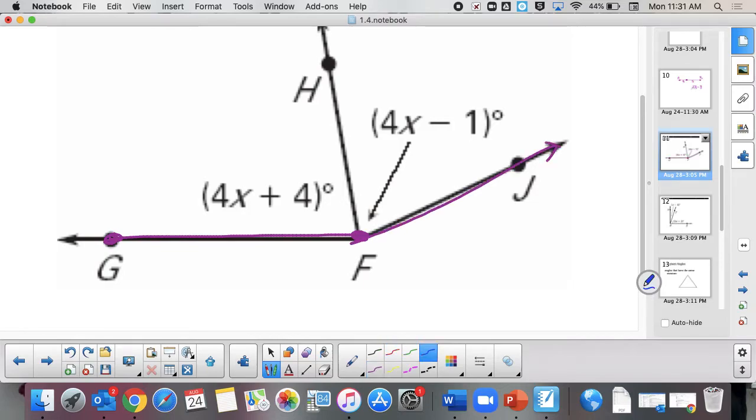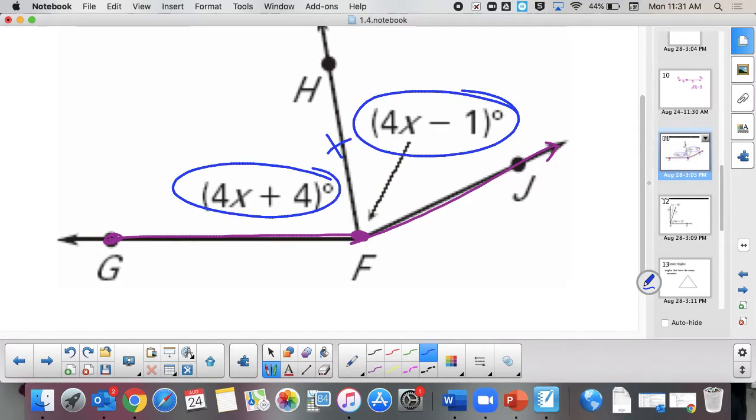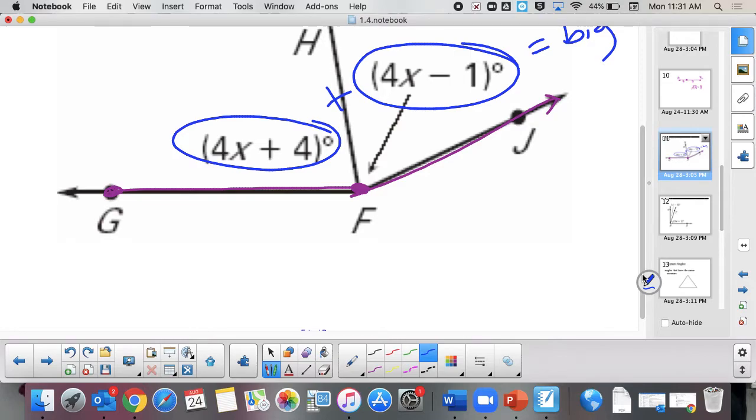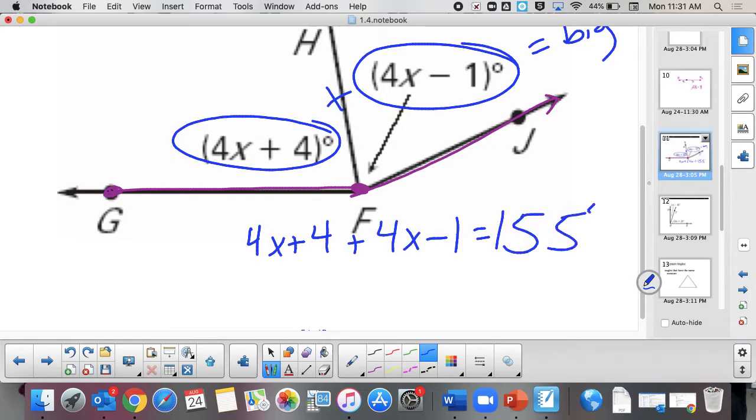So what my angle addition postulate says, if I take my two smaller angles and I add them together, I should get the big angle that was there. So the big angle they told me is 155 degrees. That means that 4x plus 4 plus my 4x minus 1 must equal 155 degrees.